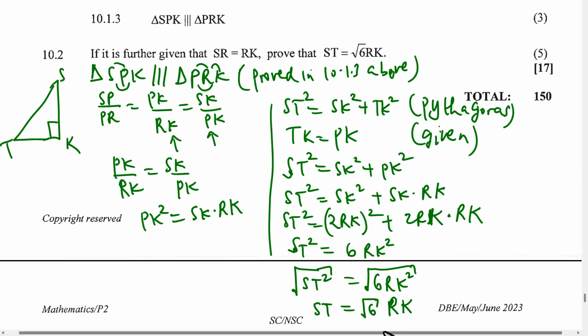So ST is the square root of 6 RK. And that's what they said you need to prove, that ST is the square root of 6 RK.